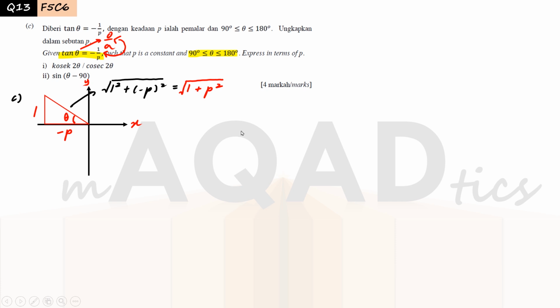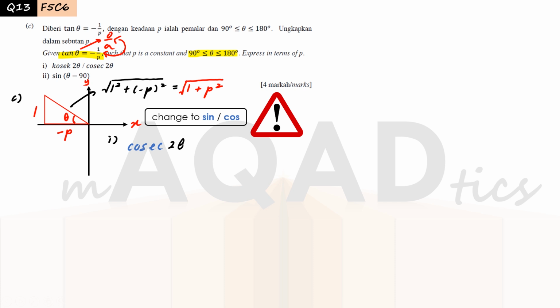So part 1 is cosecant 2 theta. The first step is always to change the functions to sine or cos, because these two are the ones we are more familiar with. Cosecant is the inverse of sine, so here it will be 1 over sine 2 theta.